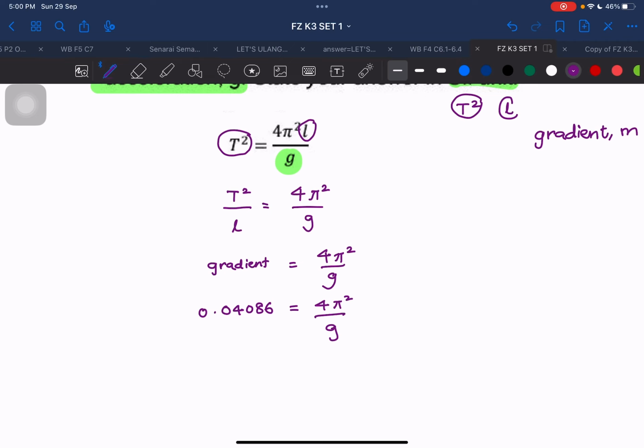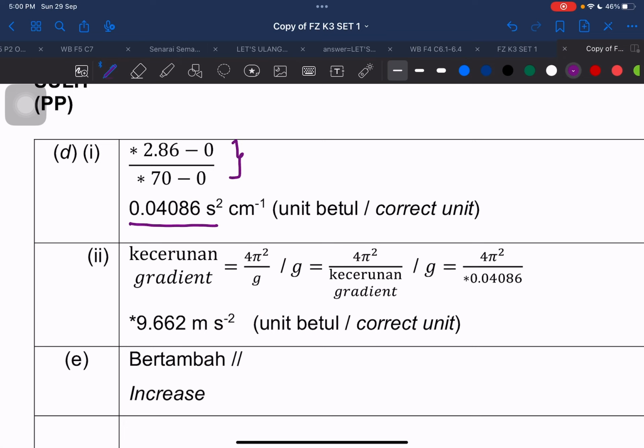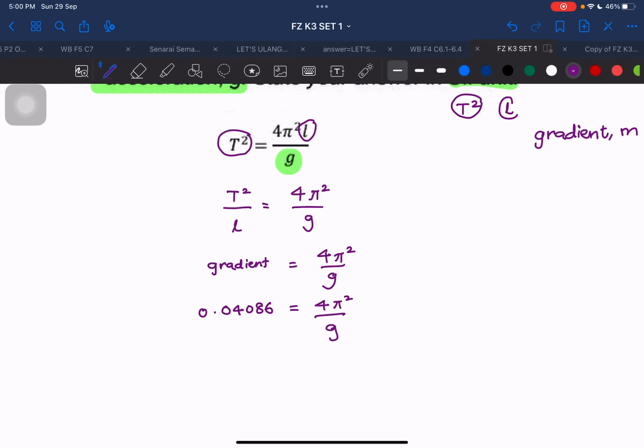But the unit now is, what unit is this? Second square centimeter negative 1. When you calculate G like this, your G will still not be in SI unit. You need to change this.